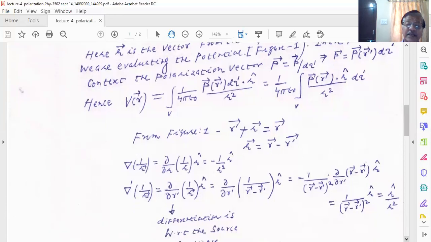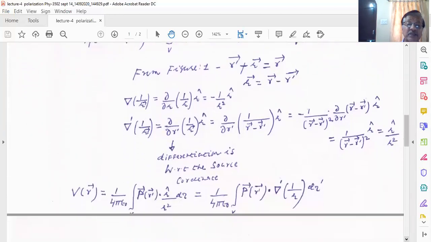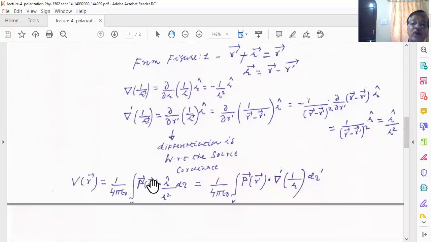When you rewrite this expression, look at this expression which I wrote here. This is the same expression.